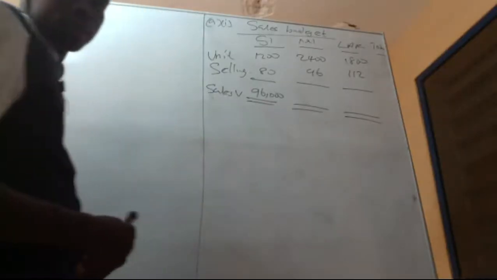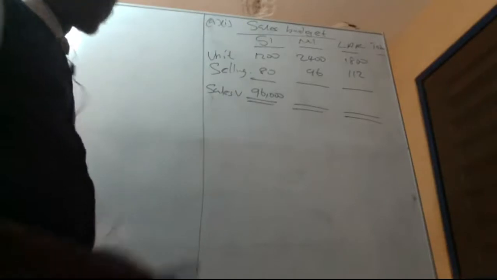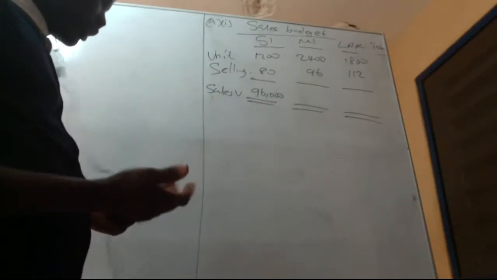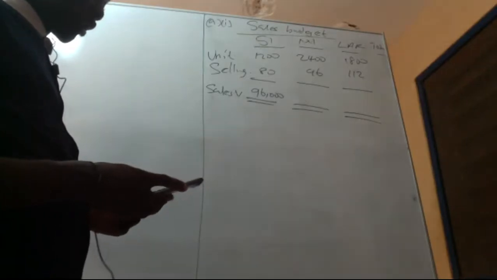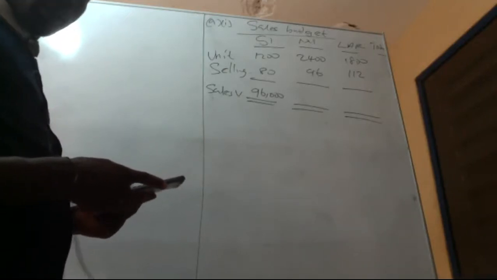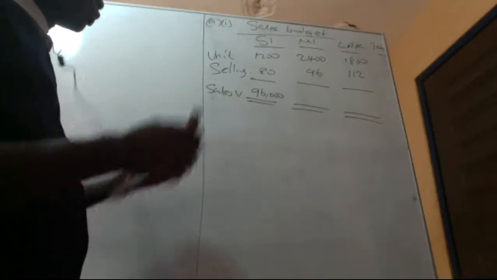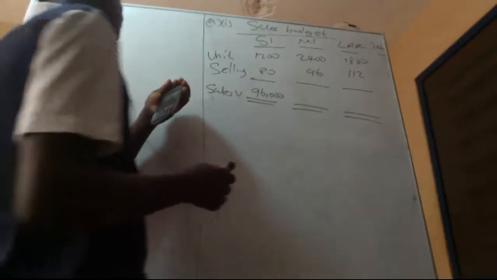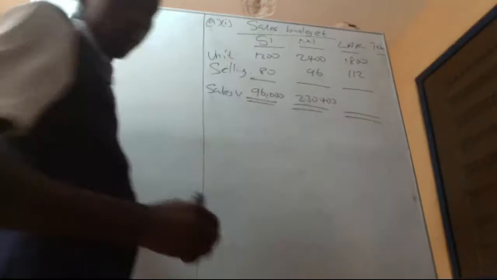Then what about this? Yes, you can start multiplying. Kindly give me figures and then numbers. So 2,400 times 96 will give us 230,400.